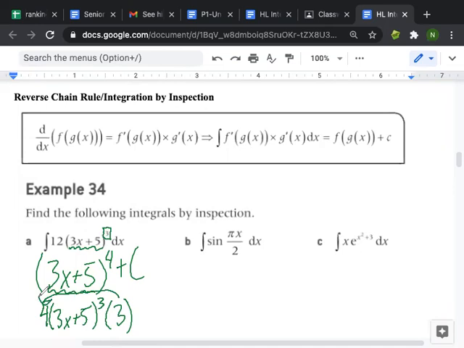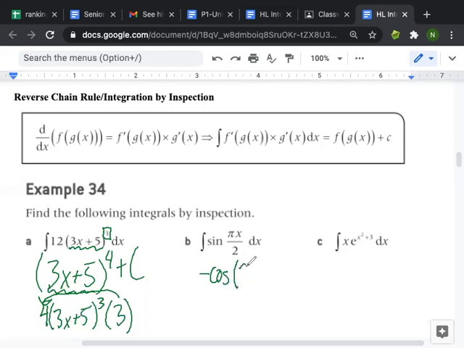This one has sine of pi over 2 times x. So for me, I'm going to start by figuring out, what do I take the derivative of to give me sine? And so the thing I take the derivative of would be negative cosine. When I take the derivative of that, it would give me sine.